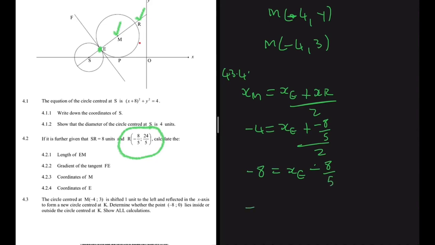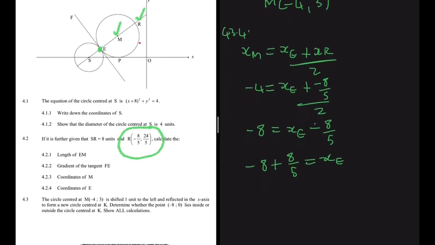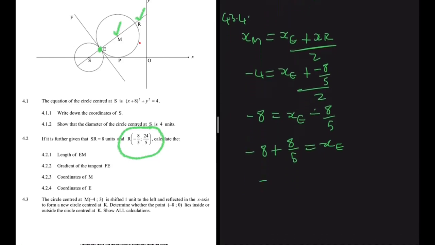So minus 8 plus 8 divided by 5 is equal to x of E. And then if you put that on your machine, you will get x of E equal to minus 32 divided by 5.